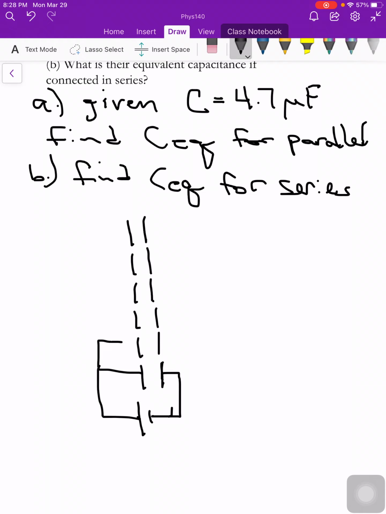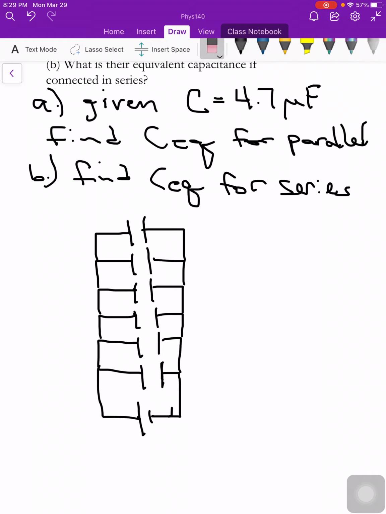And we're going to go up here, up here. And each of those, let's see if I can just erase this little line right there. Yep.